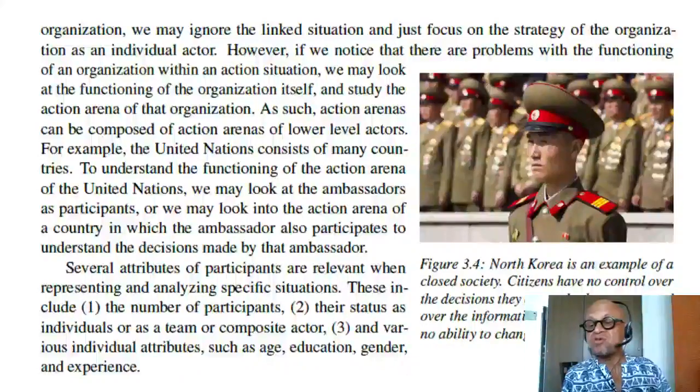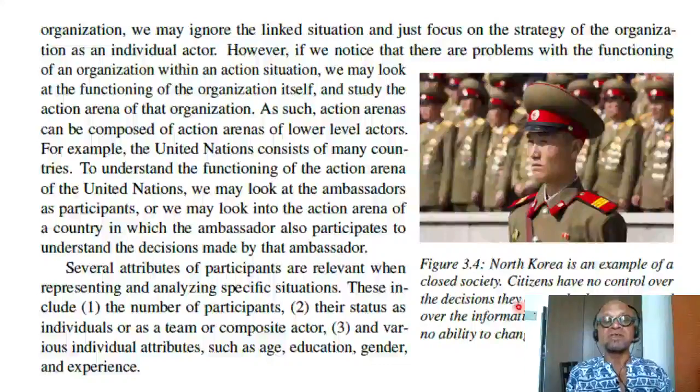Here is an example. North Korea is an example of a closed society. Citizens have no control over the decisions they can make, have no control over the information they receive, and have no ability to change regulations. This, of course, is what we are assuming.